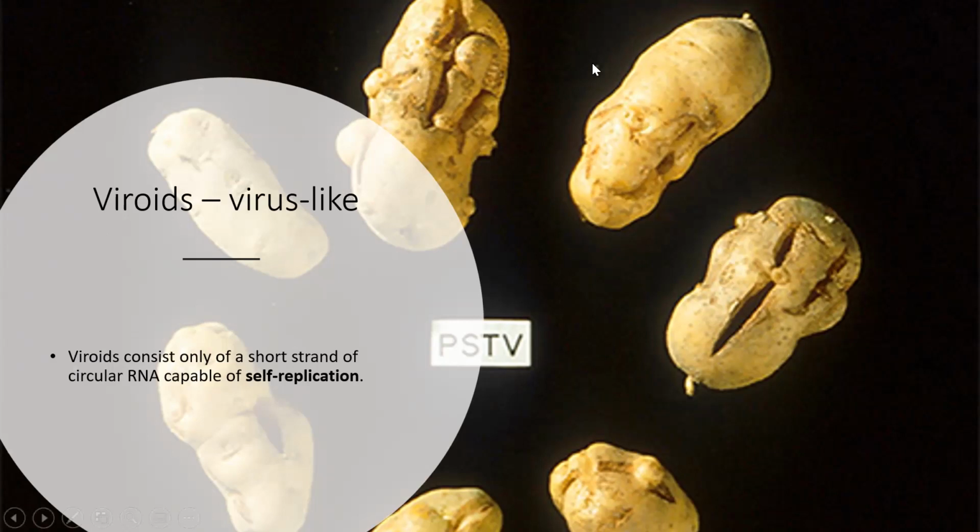Here we have PSTV, which is a potato disease caused by viroids. Several other plants can be affected by viroids, and it seems to be primarily, at least as far as I can tell, something that affects plants.